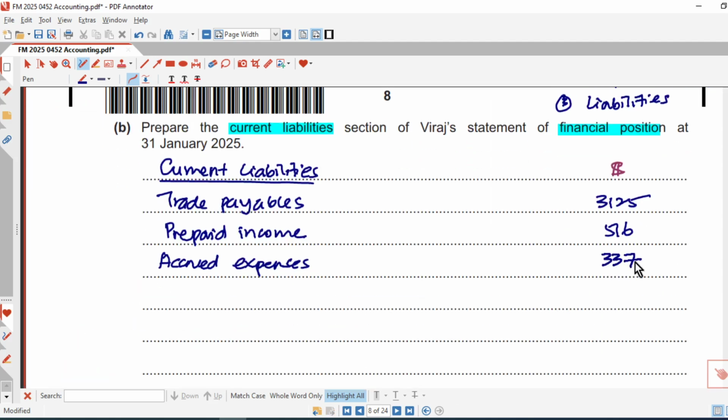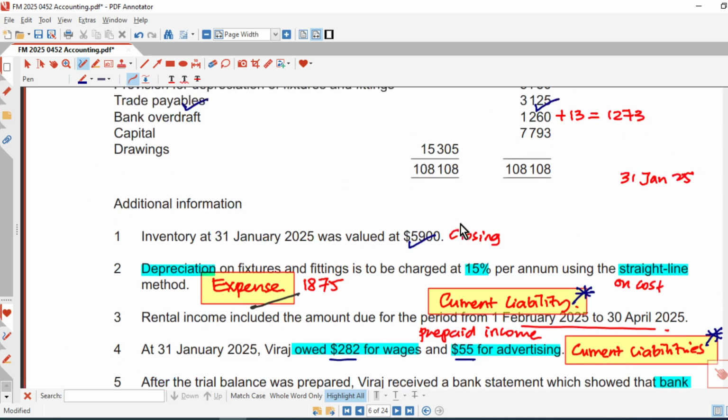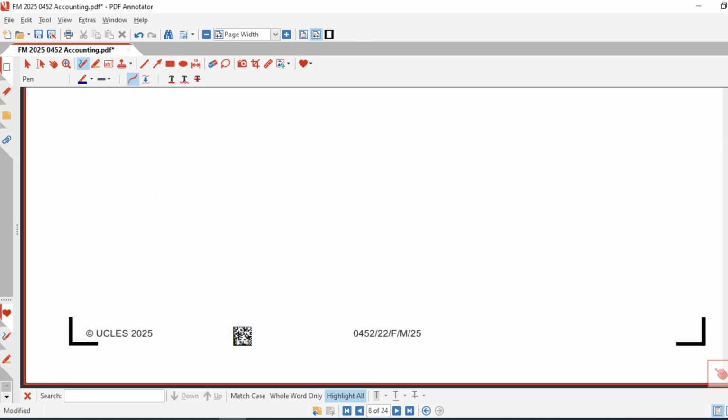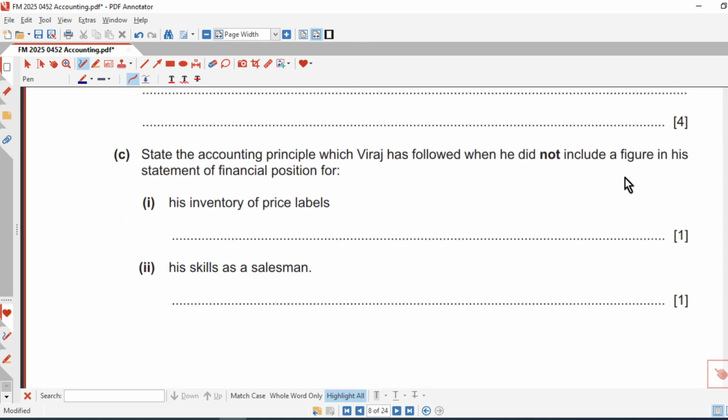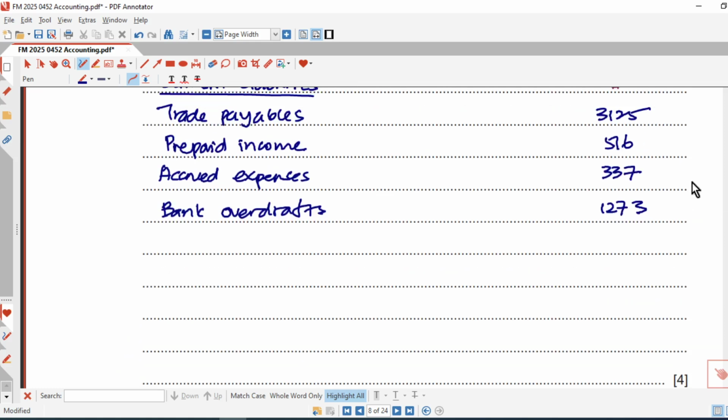And finally, I'm going to bring in the bank overdraft because we have no other liabilities. So we bring in the bank overdraft. You should be using the adjusted figure, 1,273. So let's bring this up, 1,273.